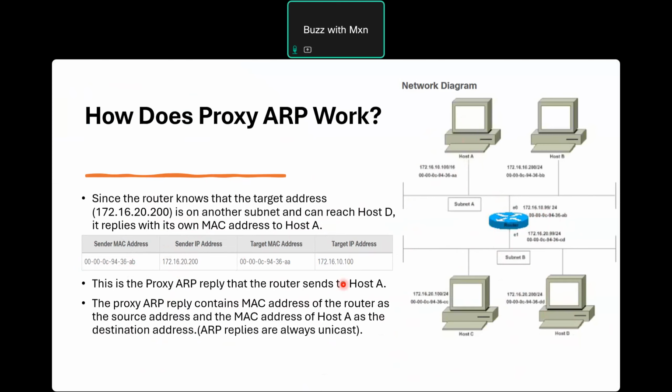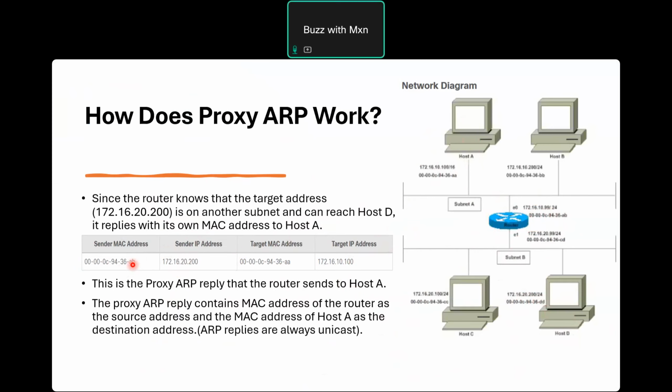Basically, it will replace the sender MAC address for the destination MAC address, because this won't change. Only the MAC address changes, and it will not respond with its own IP.